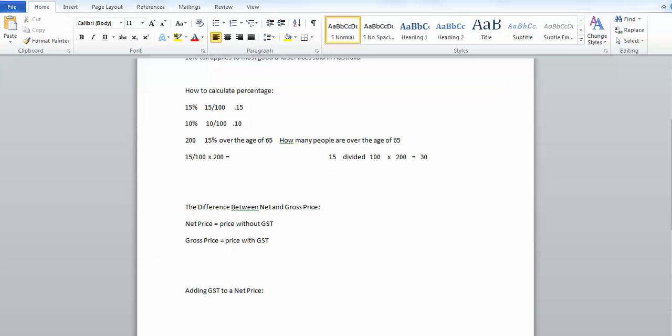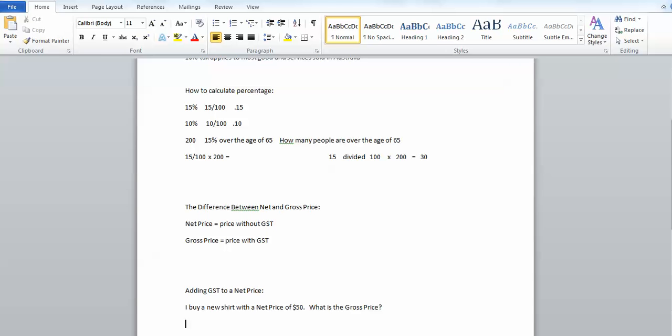Let's assume now we have to do a calculation that asks us to add GST to a net price. Okay, let's think, I buy a new shirt with a net price of $50. What is the gross price? The sum is this.